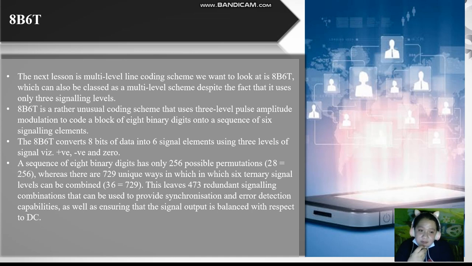A sequence of 8 binary digits has only 256 possible permutations, or 2^8 equals 256, whereas there are 729 ways in which 6 ternary signal levels can be combined. 3^6 equals 729. This leaves 473 redundant signaling combinations that can be used to provide synchronization and error detection capabilities, as well as ensuring that the signal output is balanced with respect to DC.